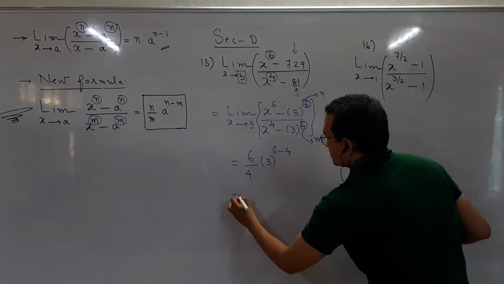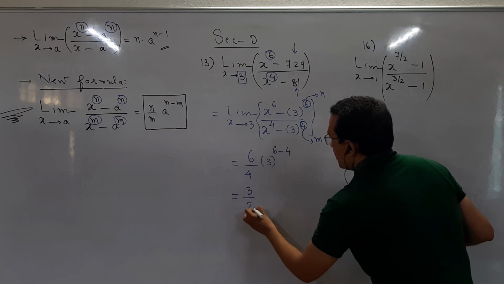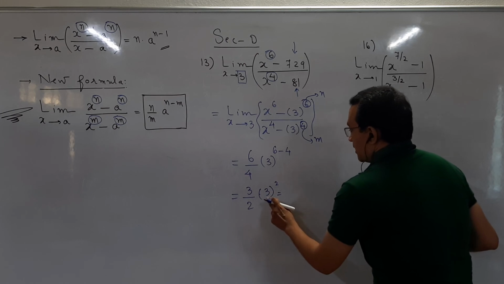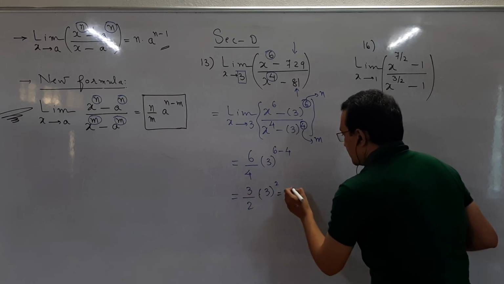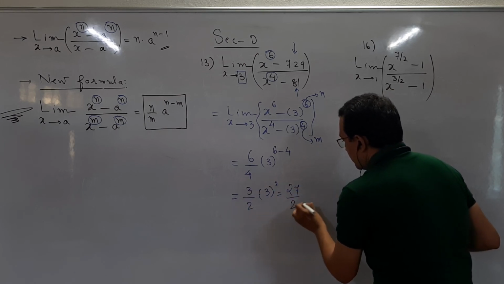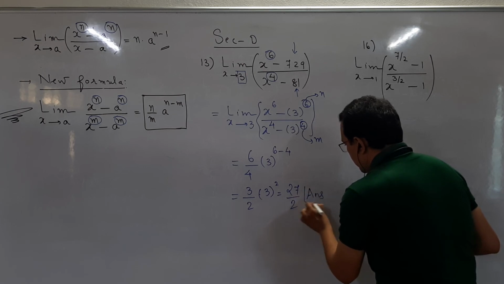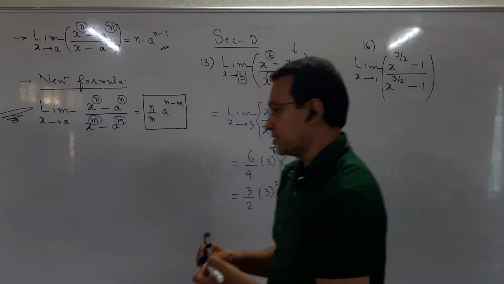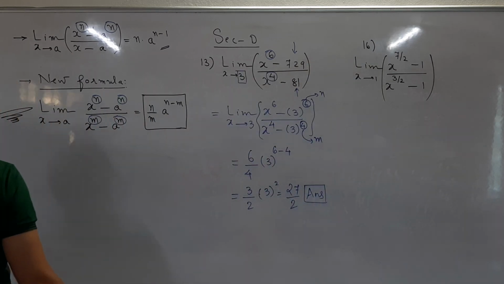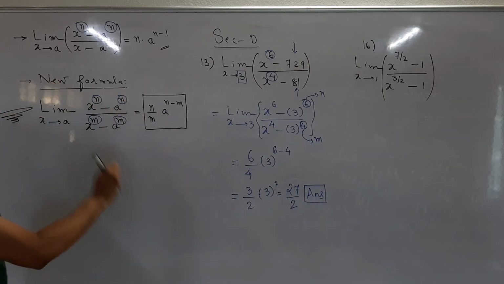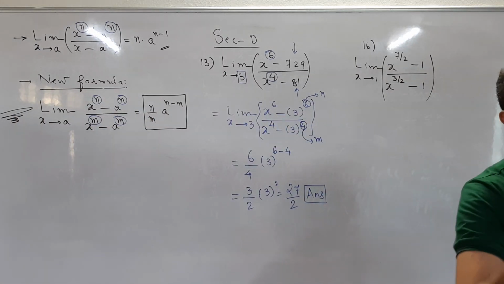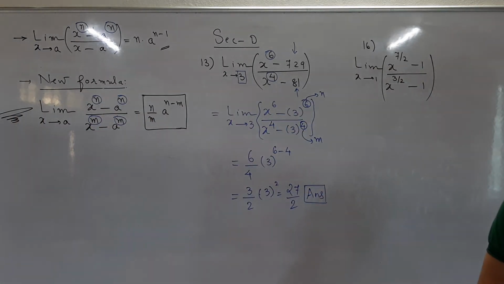So this is 6 by 4 into 3 squared, 3 by 2 into 9 into 3, 27 divided by 2. This is your answer. You get 4 marks for this one. Students, for this much only we get 4 marks. So this is very, very interesting.